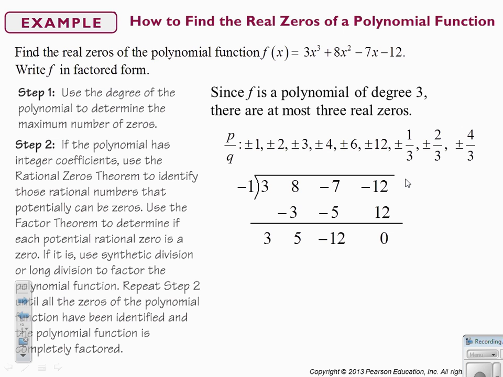So we find that negative 1 is a zero. So when you plug in negative 1, you get negative 3 plus 8 is 5, plus 7. Sorry, hold on.